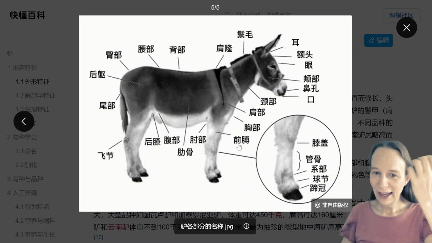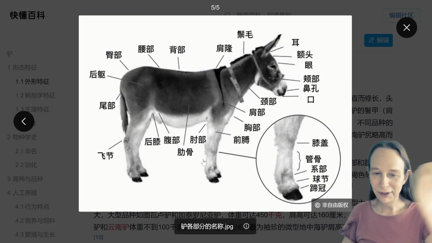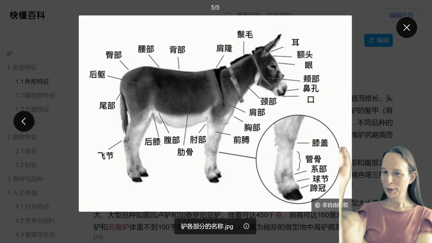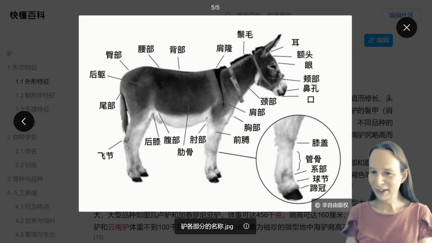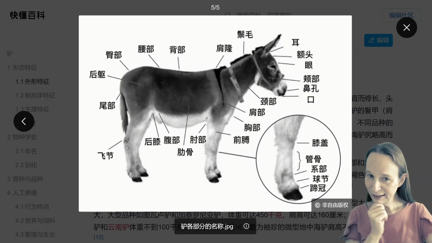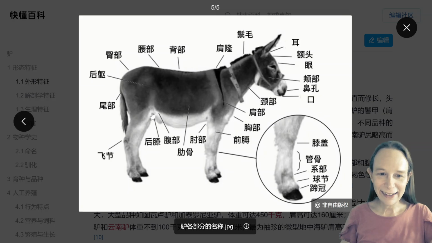Anyway, 前脖, 肘部, 肋骨. 肋骨 is ribs. 肘部, 肘 is usually elbows. Maybe it's also knees. I don't know. Joints. 腹部 is your abdomen. 后膝. This is your rear knee. Is that a knee? I don't know. Oh yeah, because I think the leg continues into the skin, if you know what I mean. 飞节.